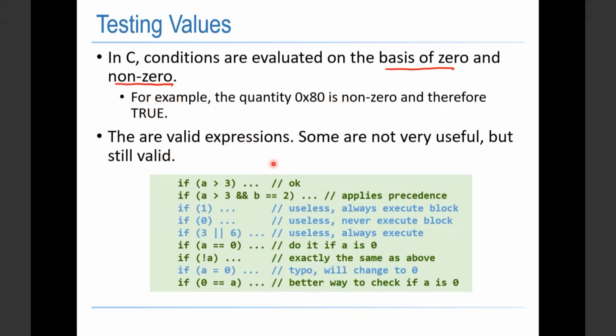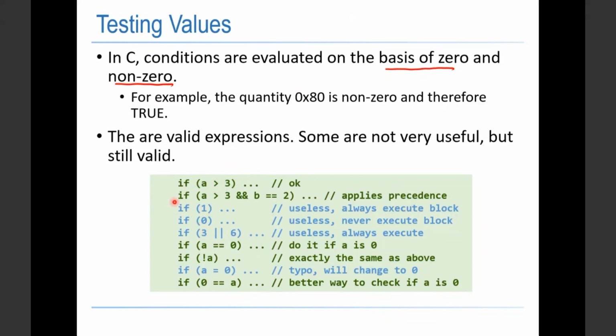Some are not useful but still valid. For example, you compare A with any number: if A greater than 3. When A is greater than 3, the condition is met, meaning the condition is true. If not, the condition is false.